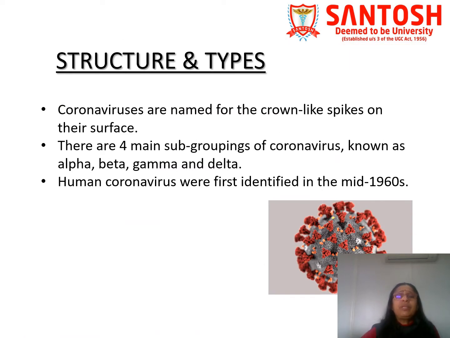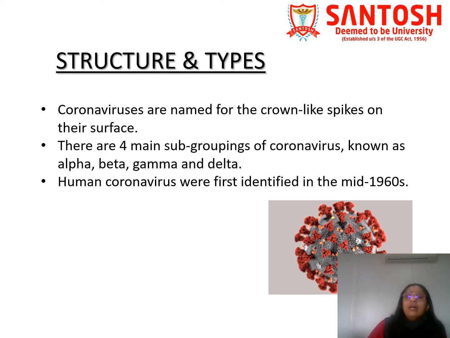Now what is the peculiarity of this coronavirus? As you can see in the picture here, coronaviruses are named for their crown-like spikes, which are present on the surface. There are 4 main subgroups of coronavirus, called alpha, beta, gamma and delta, which have been recognized till now.